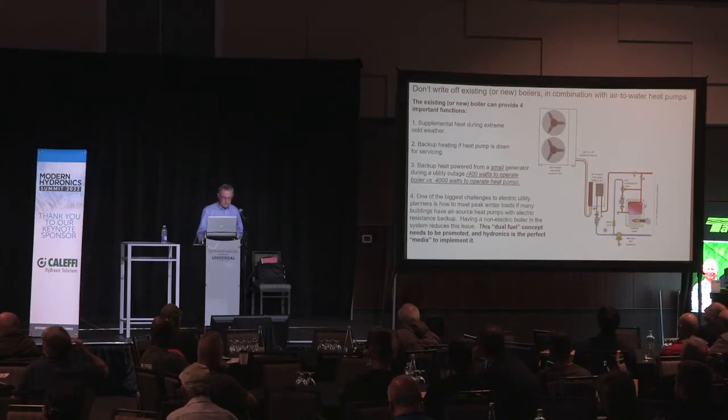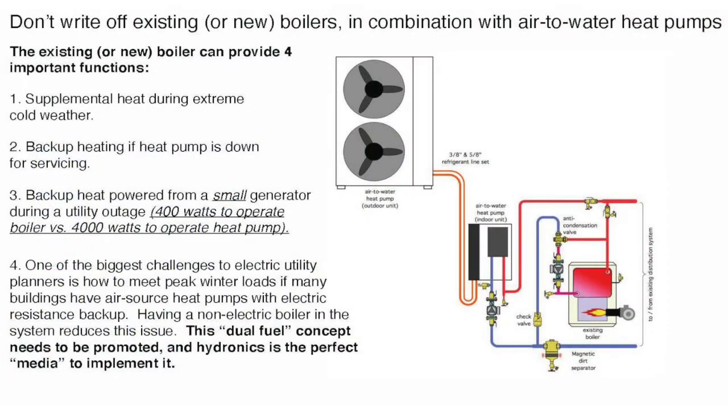The resiliency is that a small, affordable generator could keep the heat on in a building with a boiler, a fuel oil boiler or gas boiler, using much, much less power than what would be required if you're entirely an electric system, okay? And then again, from a utility standpoint, the peak load situations that these utilities are facing, what we call a dual fuel concept. Again, heat pump, majority of the energy, the boiler, whether it's new or existing, as the supplemental.